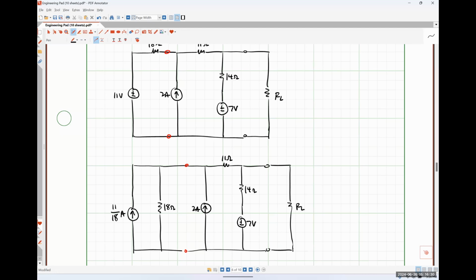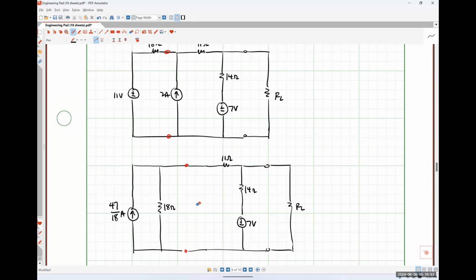All right, so my 2 amp source and my 11/18 amp source are now in parallel, so I can combine them. 2 amps is the same as 36/18. 36 plus 11 is going to make this look like 47, if my mental math is correct. Please tell me if it is not.